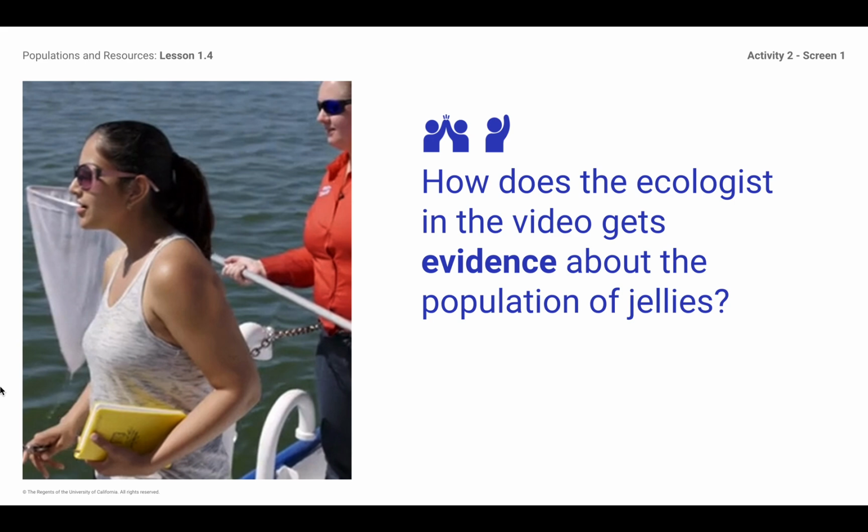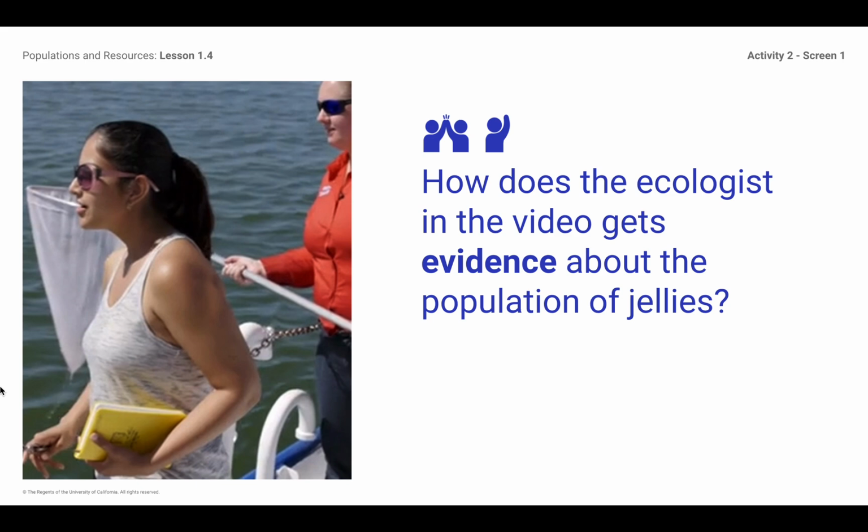So what they did is they took that green net at the back of the boat and they did what's called trawling. They took a sample of however many jellies were in a certain location, got all the data that they needed, and then they left that location and went to another location, and another location. So they don't just look in one area, they look in multiple areas.